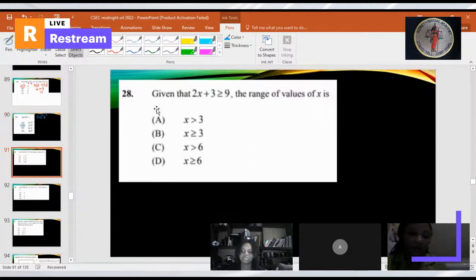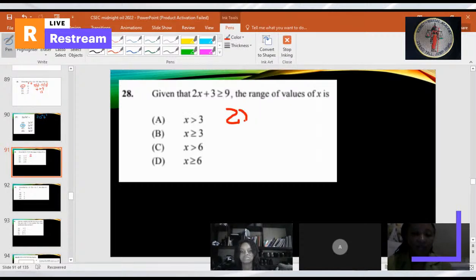All right, number 28. Given that 2x plus 3 is greater than or equal to 9, the range of values of x is. So we have an inequality to solve, and we work it the same as an equation, really.